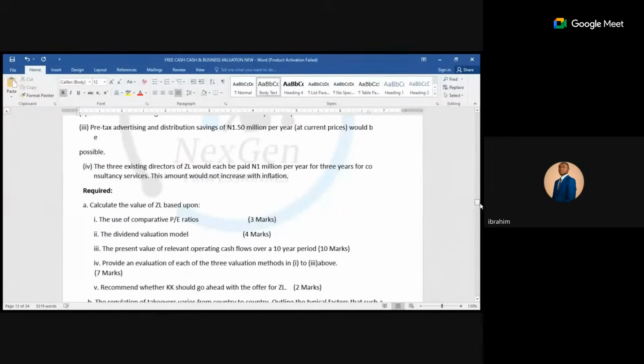The 3 existing directors of ZL would each be paid 1 million per year for 3 years. That's one person 1 million, one person 1 million, one person 1 million for 3 years.